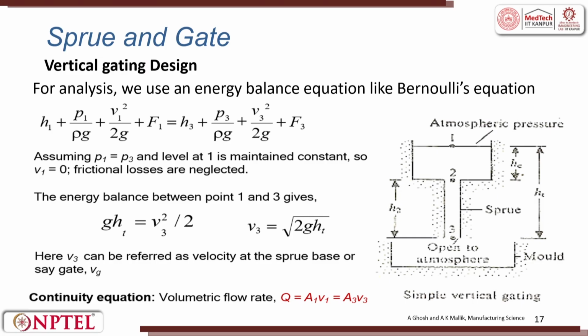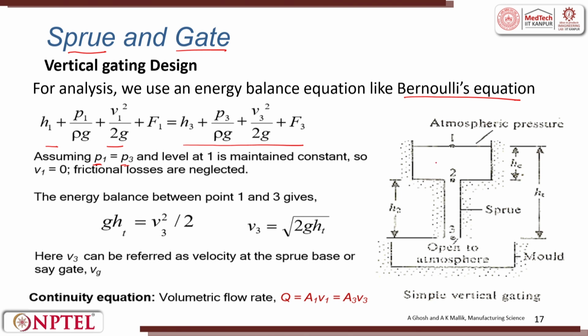Let us now review the sprue and gate design that we have discussed in the previous lectures. For analysis, we use Bernoulli's equation, in which the sum of the pressure head and the velocity head stays constant. Assuming P1 is equal to P3 and the level at 1 is maintained constant, so V1 is equal to 0.